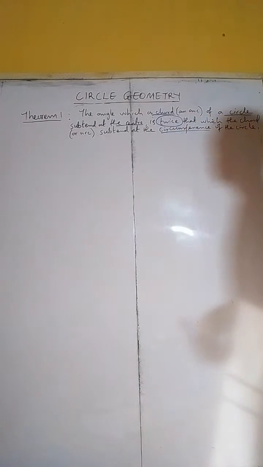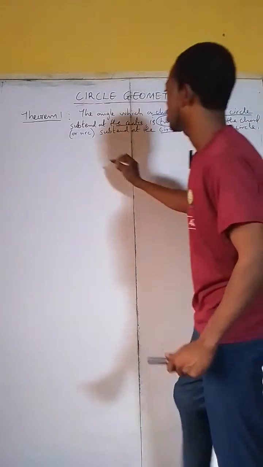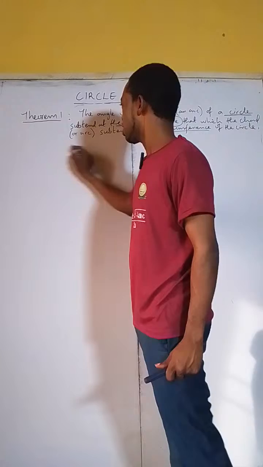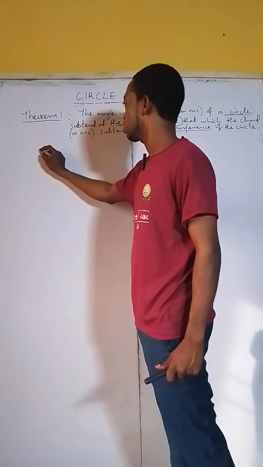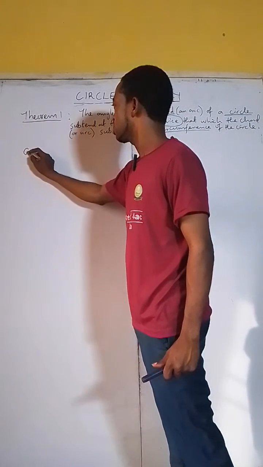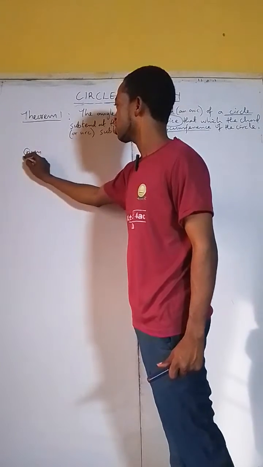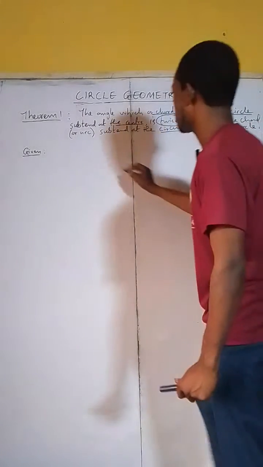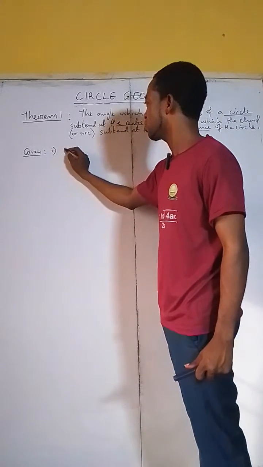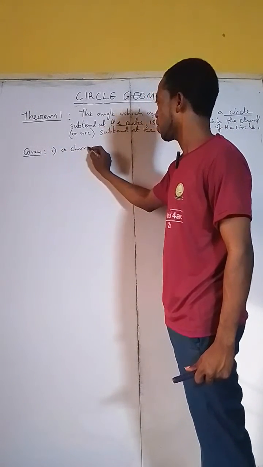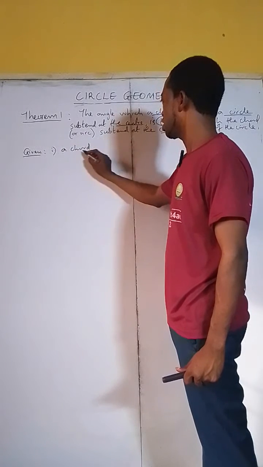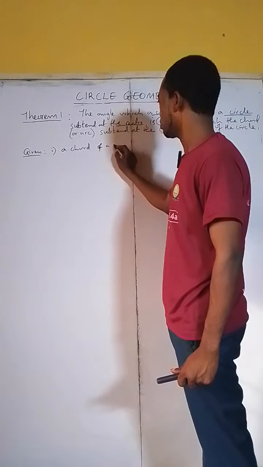Now, to prove this theorem, the proof goes thus. We need to write out what is given and demonstrate it in a diagram. Number one, we are given a chord. We can say let it be called AB, a chord of a circle.